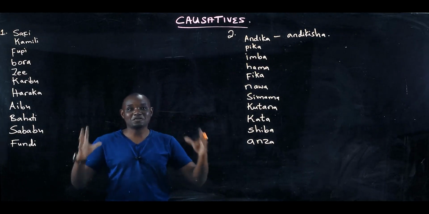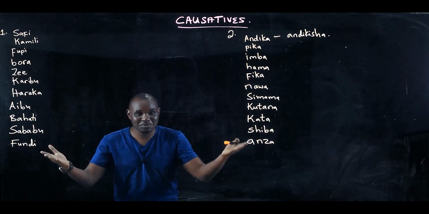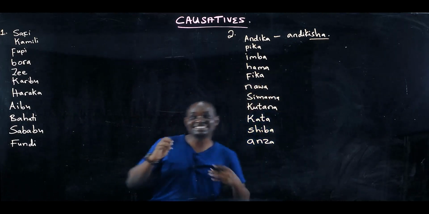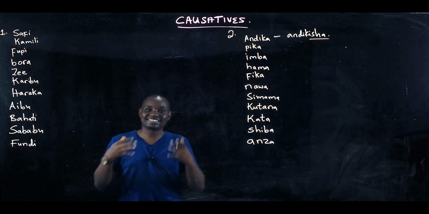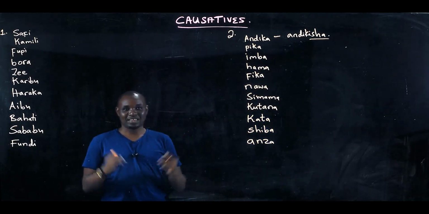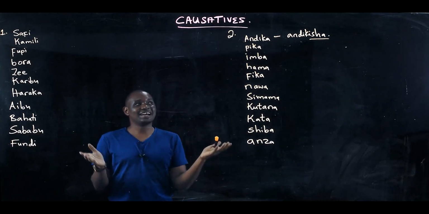At the end of this topic, you are going to add to your vocabulary. You learn more vocabulary in Swahili. Just from the vocabulary you know, and you add the SHA at the end, you will learn another new verb or another new vocabulary. Mostly verbs.